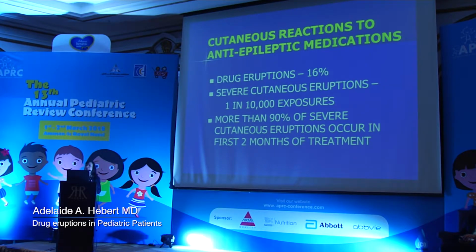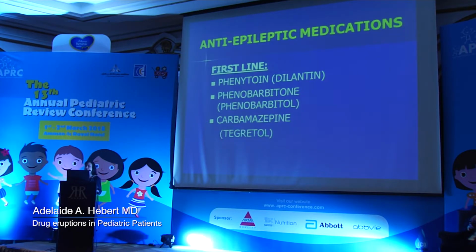We recognize that in anti-epileptic prescriptions, about 16% of patients who receive these drugs do wind up with a drug eruption. Some of these are severe, and that can occur in 1 in 10,000 exposures. These are of great concern to all of us. And most of the very severe cutaneous eruptions will occur within the first 2 months of therapy. But that's not always the case, but I think you should be aware of that time course.